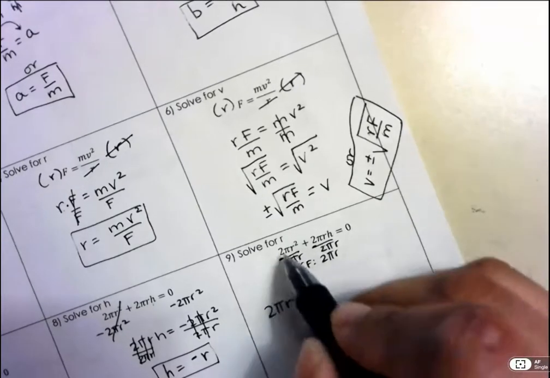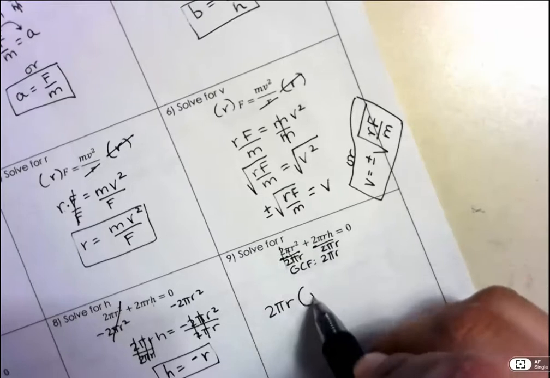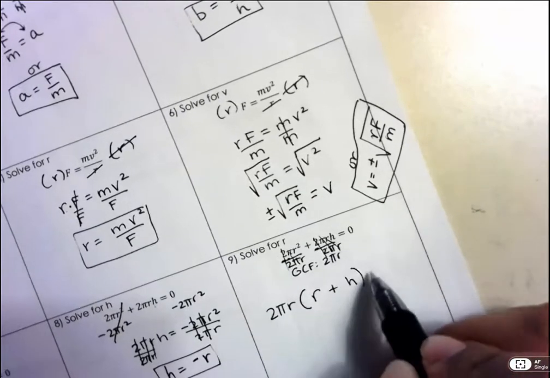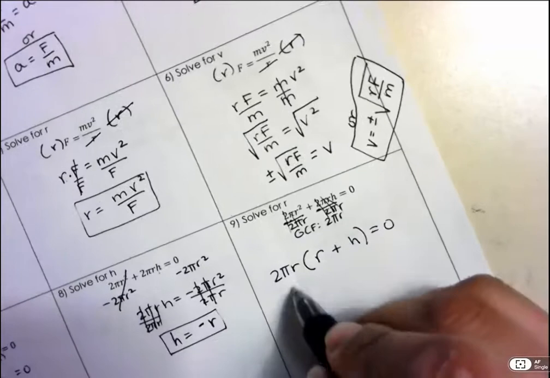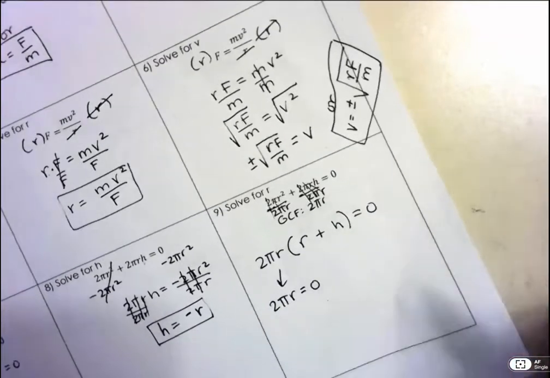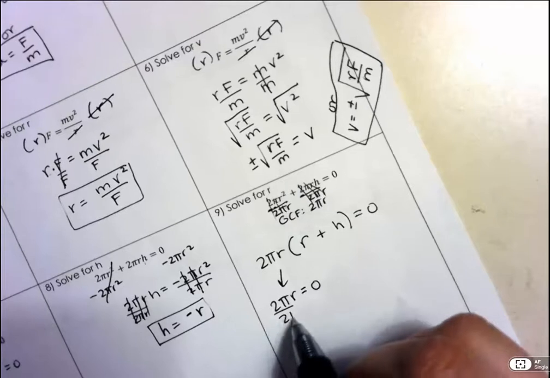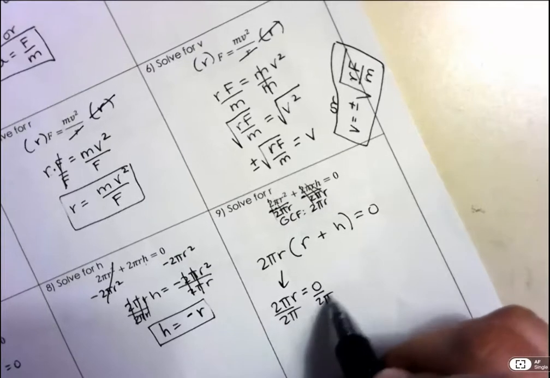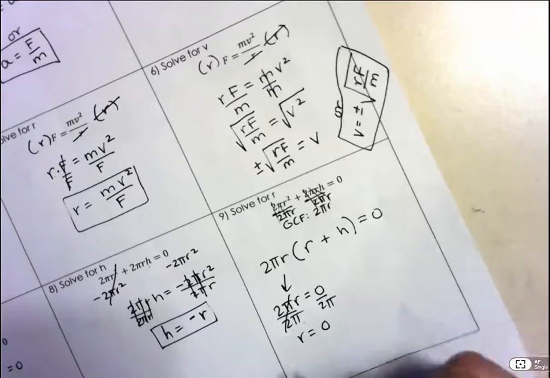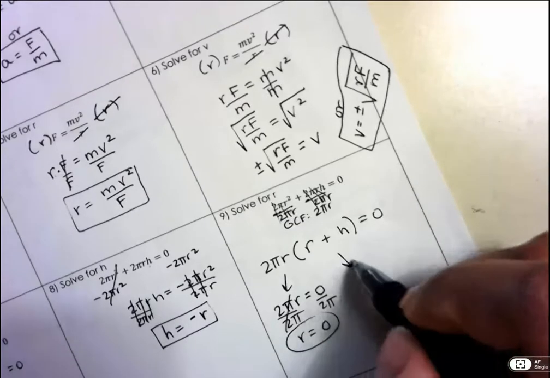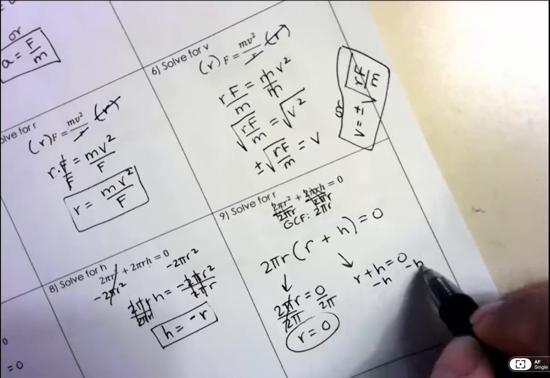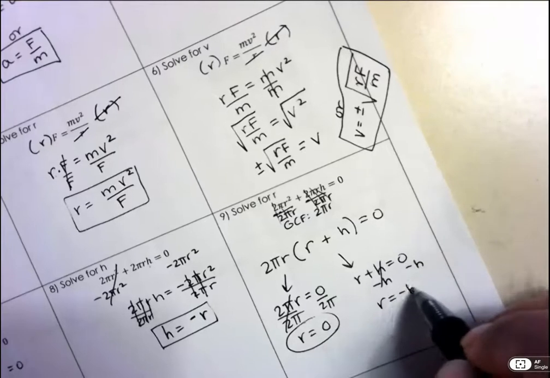This cancels, and you're left with r plus h equals 0. And so you say 2 pi r equals 0. Dividing by 2 pi, r equals 0, because 0 divided by anything is still 0. And then from here you can say r plus h equals 0. So minus h, r equals negative h.